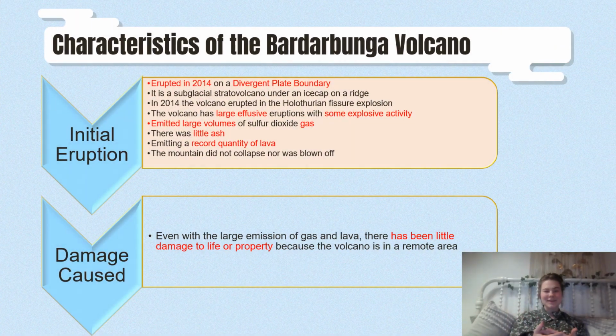This eruption occurred in 2014, and there was some explosive activity, but there was a large emission of gas and very little ash. It was actually the record quantity of lava recorded. As far as damage caused, there was very little because it was away from civilization.